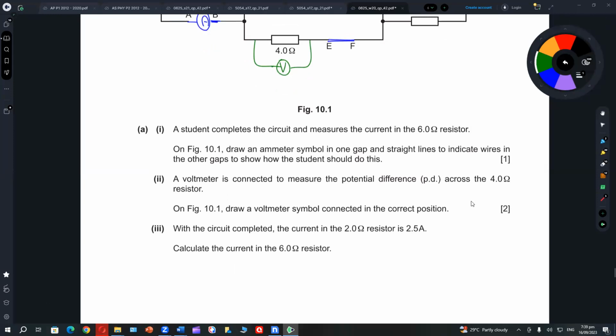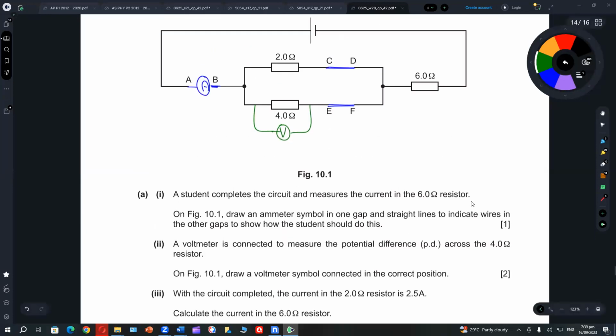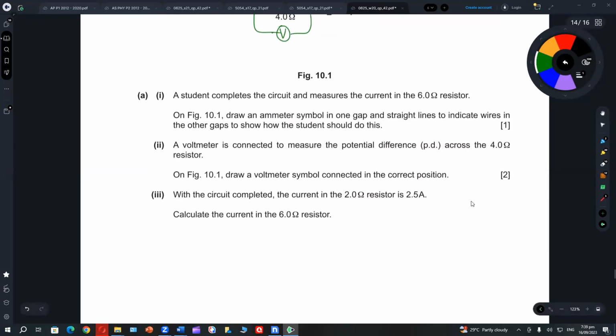With the circuit completed, the current in the 2 ohm resistor is 2.5 ampere. I want an arrow here, 2.5 ampere. What is the current in the 6 ohm resistor?